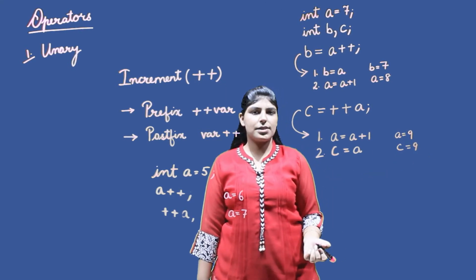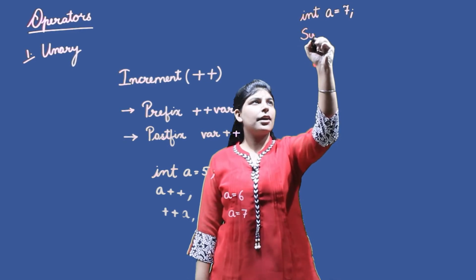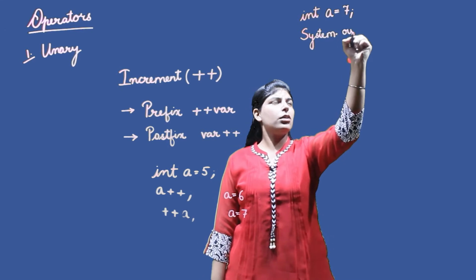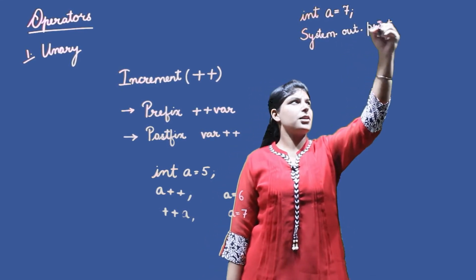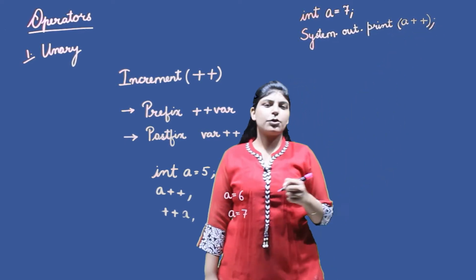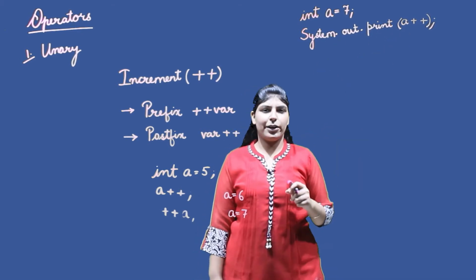Let's take one more example. In this example a is again 7. Here I am printing, so I am using system dot out dot print a plus plus. Here also in this line you can see two operations are being done. A value is incremented and I am printing the value on screen.